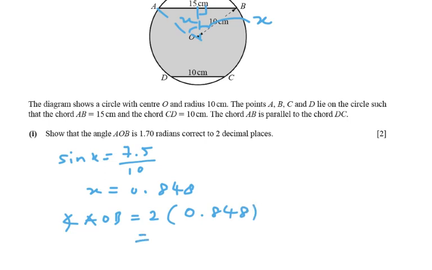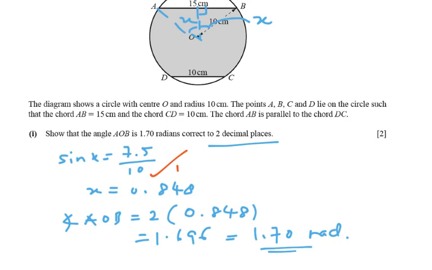It will give you 1.696, and hence, round it up to 2 decimal places, it will give you 1.70 radian. 1 mark will be given if you note the relationship of the angle and its length, and to show the answer as 1.70.